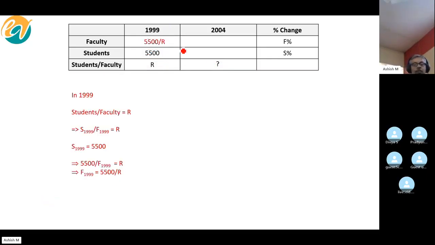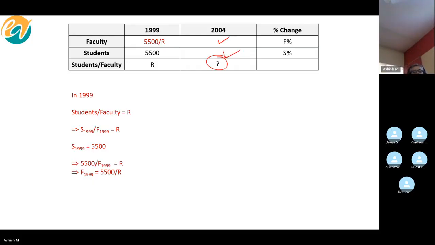All right. So this is 5,500 by R. Now we have to find out this. How much is it? Clearly for this, what do we have to find out? We have to find out this and this. Agreed?